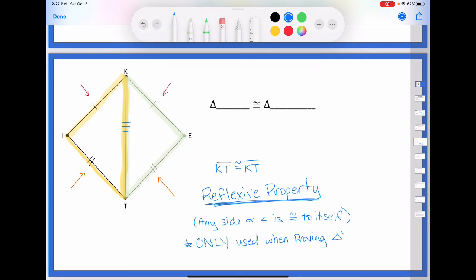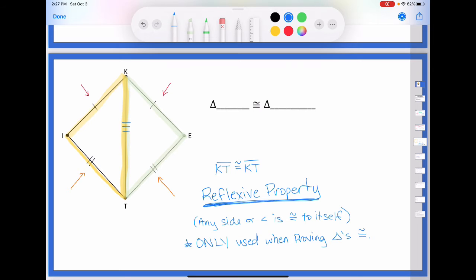Now, sometimes the book will throw it in for some subtraction ideas, but we don't need it for that. We only need it when we're proving triangles congruent to show that that side is congruent to itself, so then I know that those triangles have to be congruent. It'll come back up in a little bit, but just remember, if you needed to show that these triangles were congruent, the reflexive property could be used here in a proof like this.